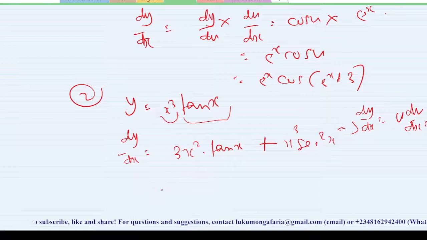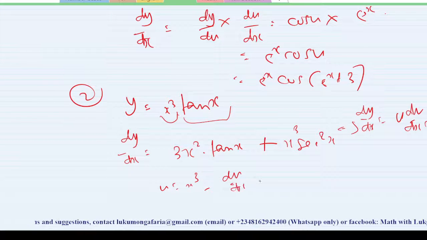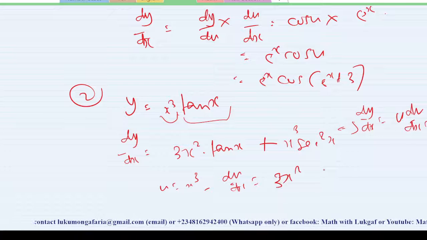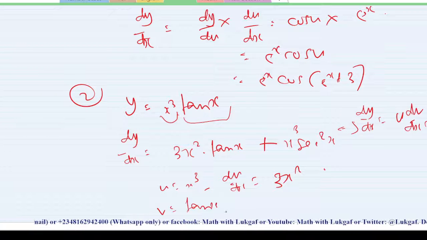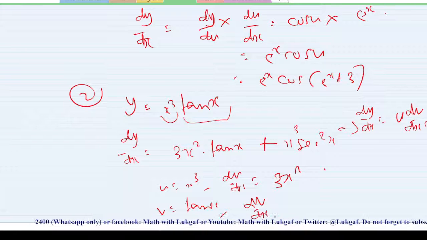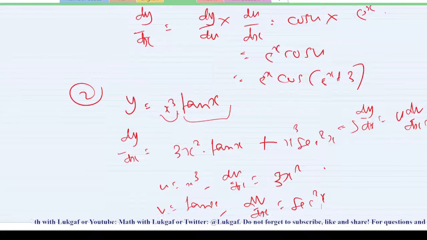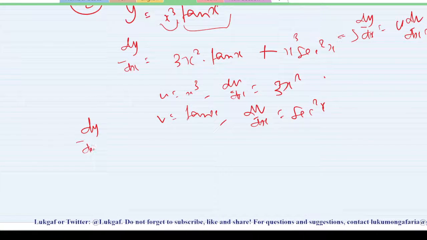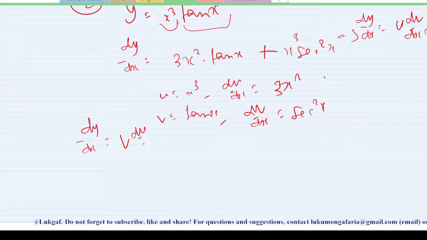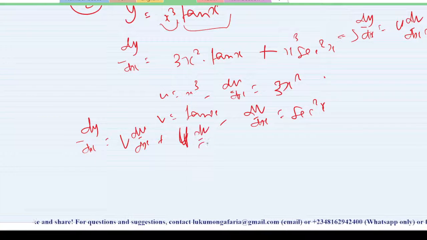So then my u is what? x cubed. The du dx is nothing but 3x squared. Then my v is tan x. The dv dx is sec squared x. Then if you substitute into the formula, the dy dx is v du dx plus u dv dx.